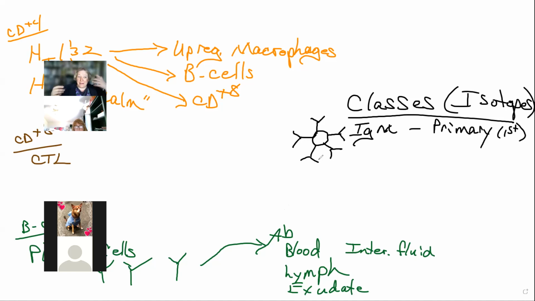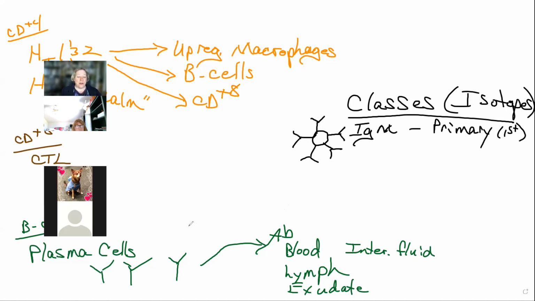And they're going to make a lot of different kinds of IgM, because when you're exposed to a pathogen, you're going to excite a whole bunch of different kinds of B cells, and so you're going to be making antibodies against a lot of different epitopes.